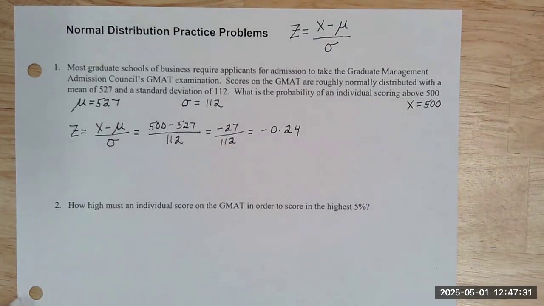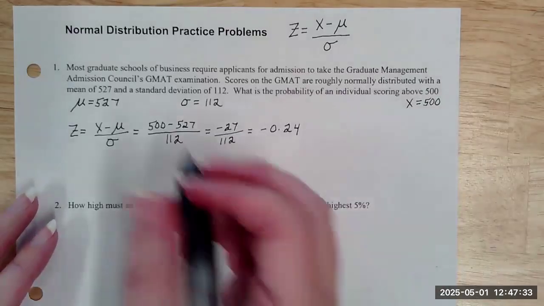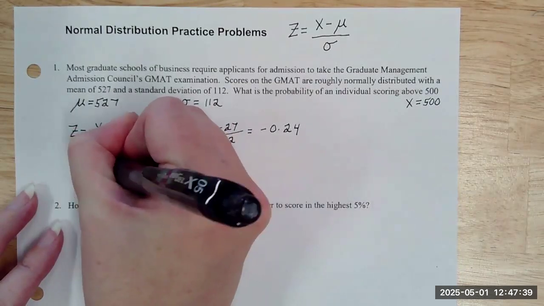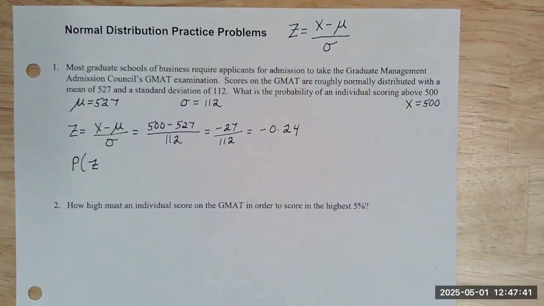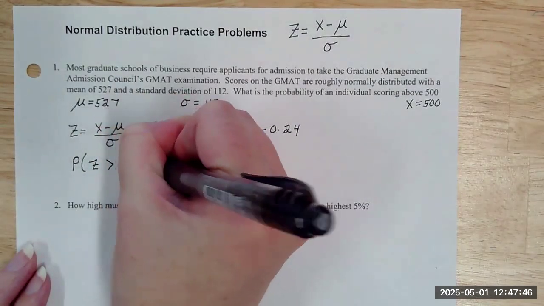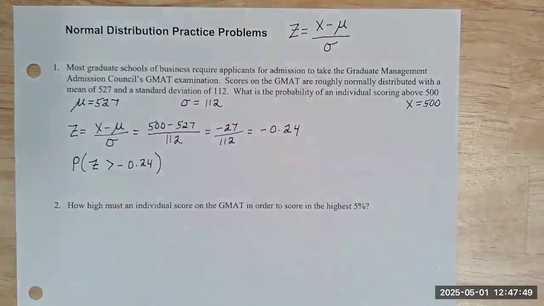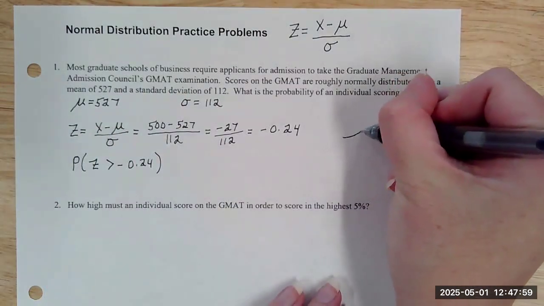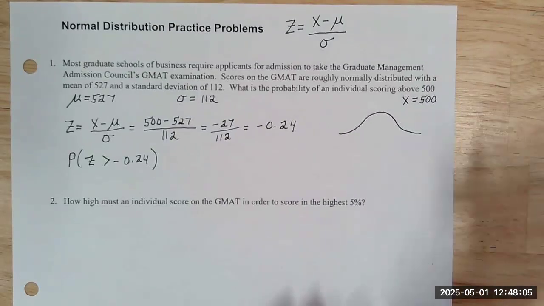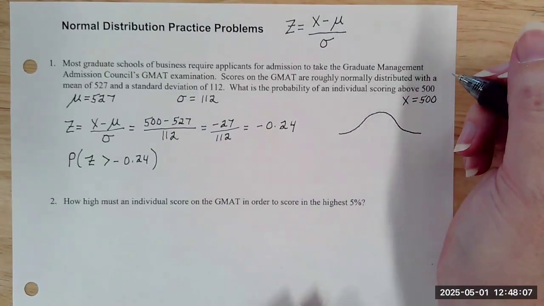So if we want our probability to be that z is greater than negative 0.24, I want to think about that table. A score above 500, if we think about what that's going to look like in terms of our curves here, our z-score is the negative 0.24.